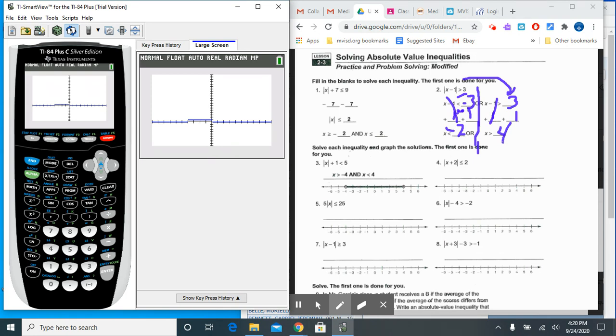So when you're writing your answer, it would be all the values of x from negative 4 to 0, and that would be a closed circle because it's equal to. If it doesn't have the equal to, it's an open circle.